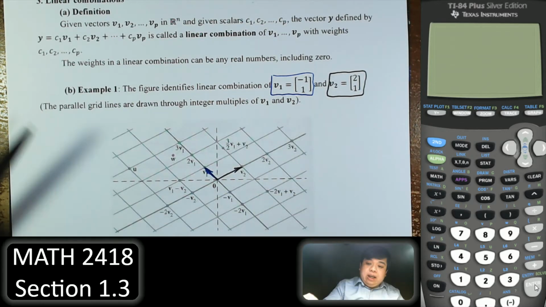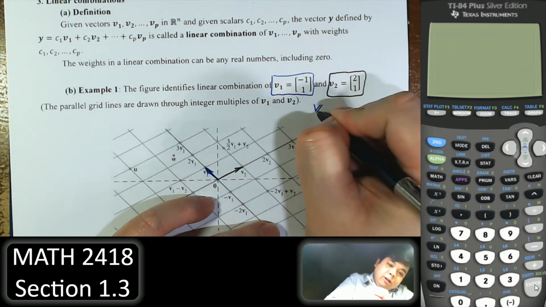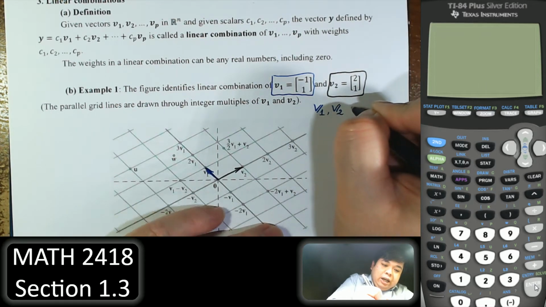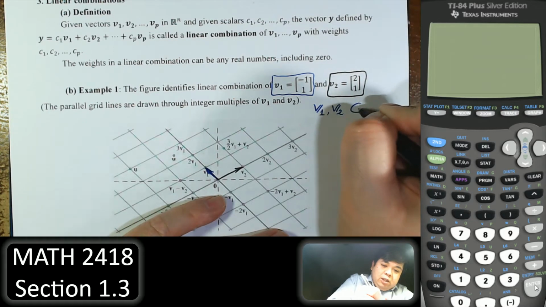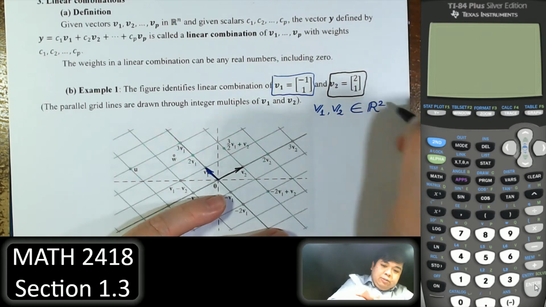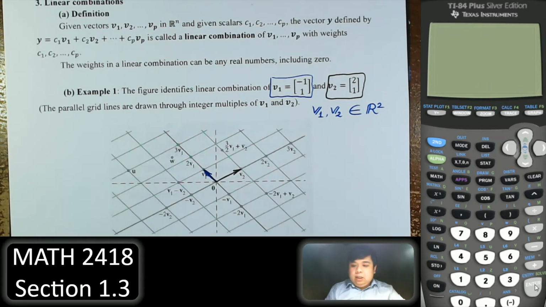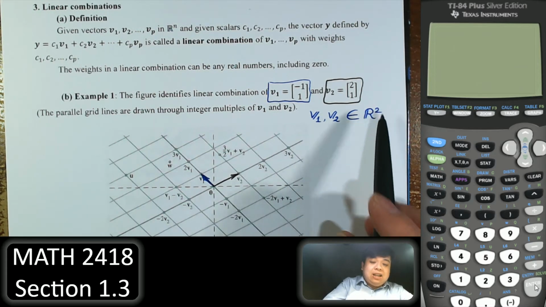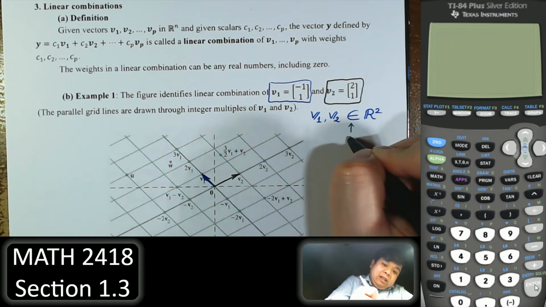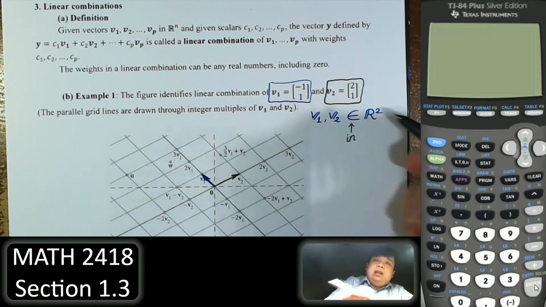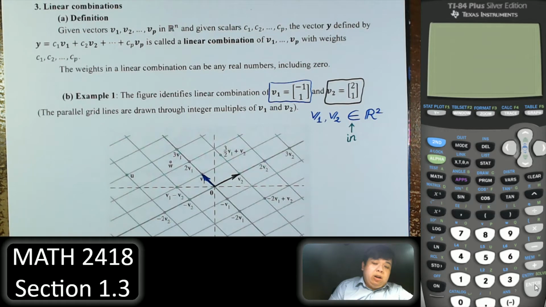So we say vectors v1 and v2 are in R2, and this symbol here means it's an element of that set, or we just say "in." So v1 and v2 are in the set of all two-dimensional vectors.